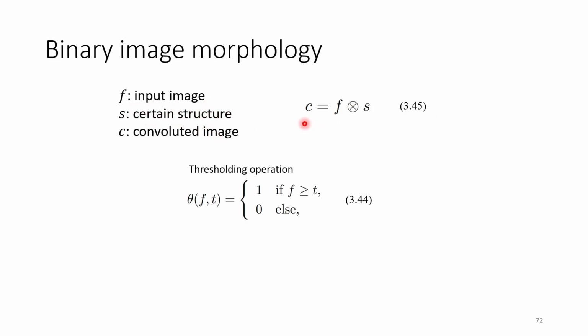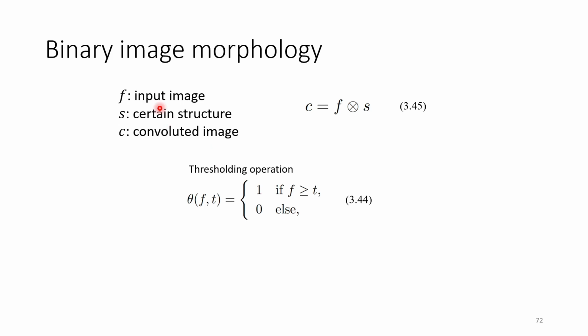Then we do convolution just like the linear filter. However, we need to apply a thresholding operation. If the pixel value is greater than a certain threshold, then we will set it as 1, and otherwise it is 0.